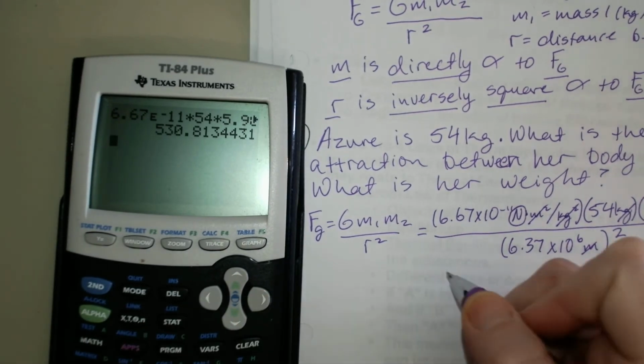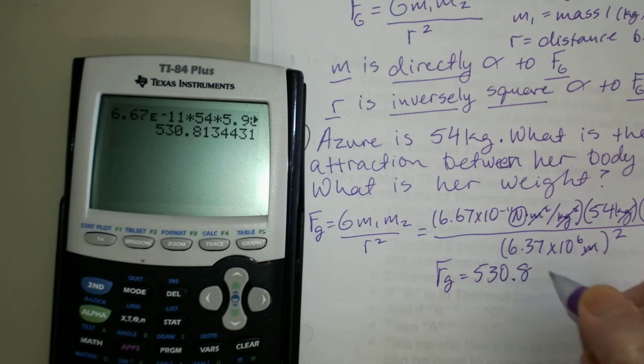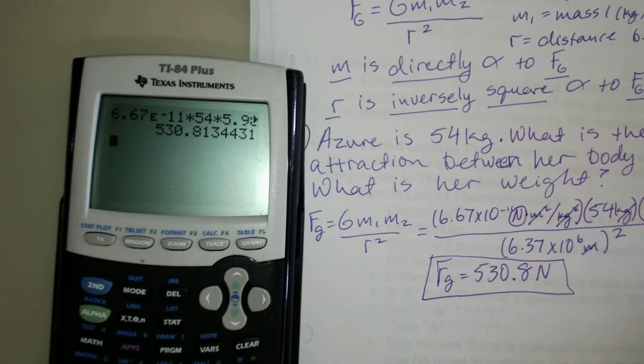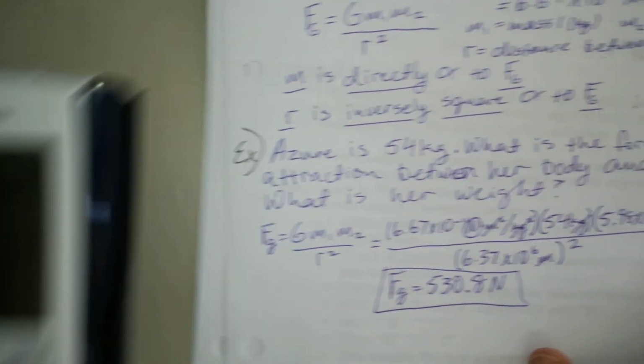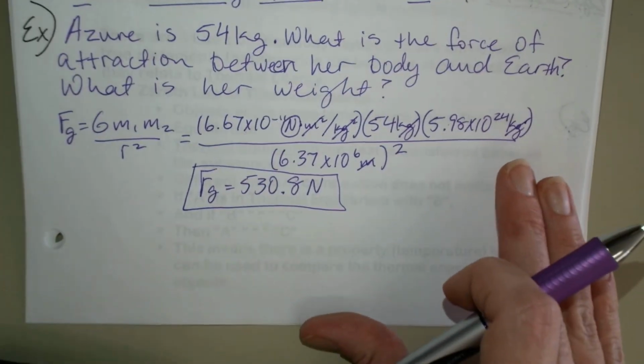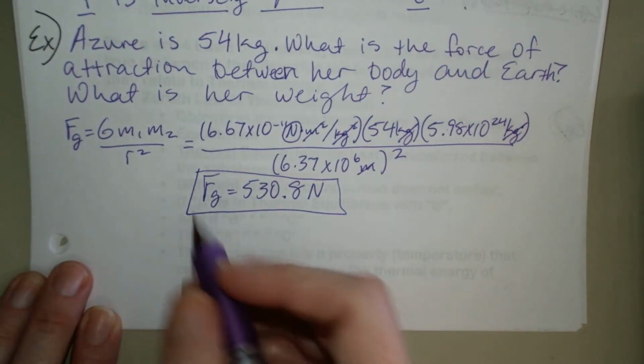So Fg equals 530.8 newtons. That's the force of attraction between Azure and Earth. Now, it also asks, what is her weight? You remember how to calculate weight.